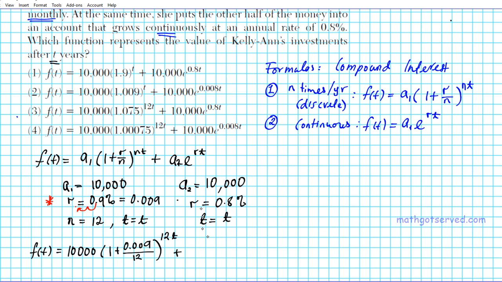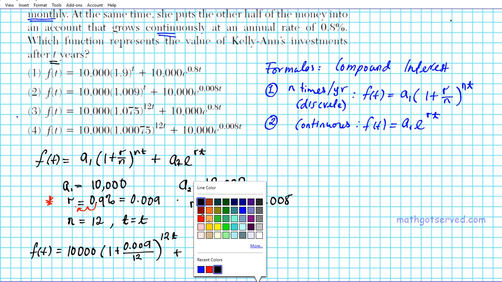So in this particular case, we're going to have A2, which is 10,000 e to the r, the rate is, should I put 0.8 here? The answer is no. Remember, we talked about this earlier, that the percentage must be changed to decimal form first. So 0.8% is 0.008.